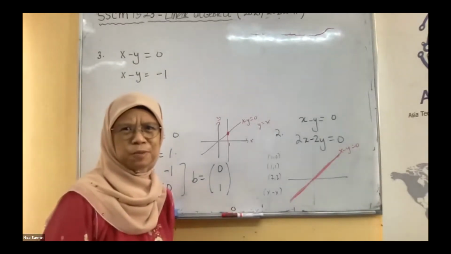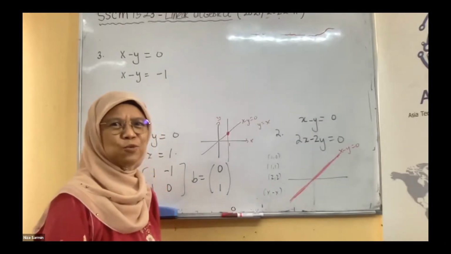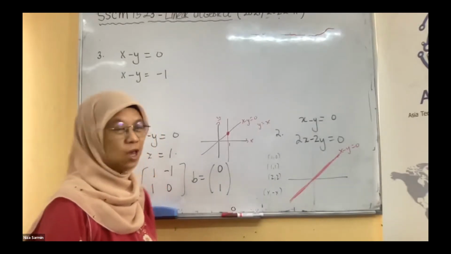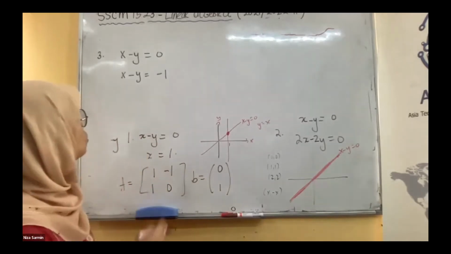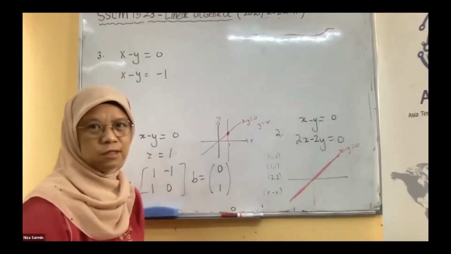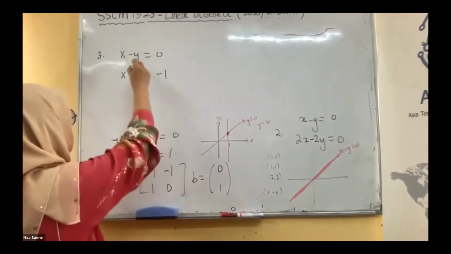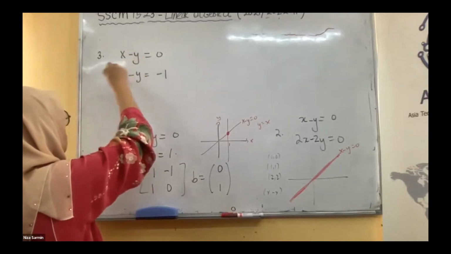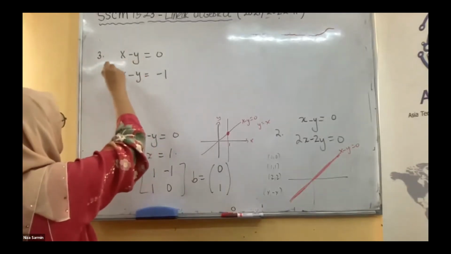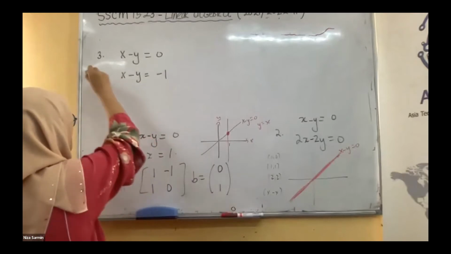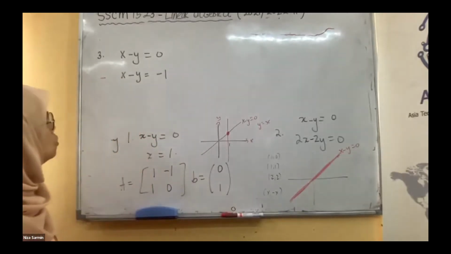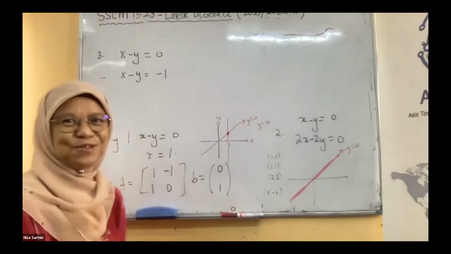How can it be? X minus y is 0, x minus y is negative 1. Even when you add or you minus, right? When you minus this, you will get 0 is 1, which is wrong.